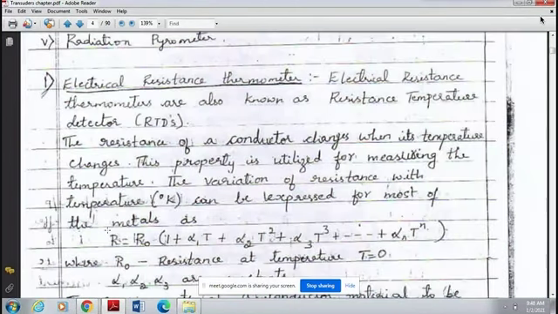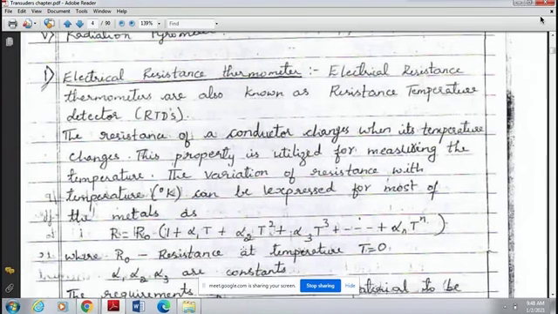R is equal to R naught into 1 plus alpha 1 into T plus alpha 2 into T square plus alpha 3 into T cube plus, like that it continues up to alpha n into T to the power of n. So this is the equation used to determine the resistance of the conductor, and hence the temperature changes, in a resistance temperature detector.